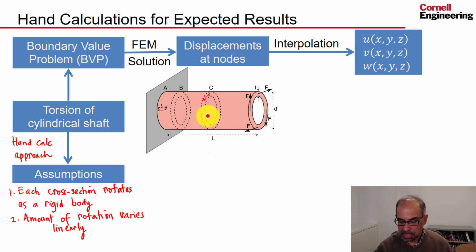What this means is if this cross-section, say, is halfway along the shaft, then it will rotate half as much as the cross-section at the end.